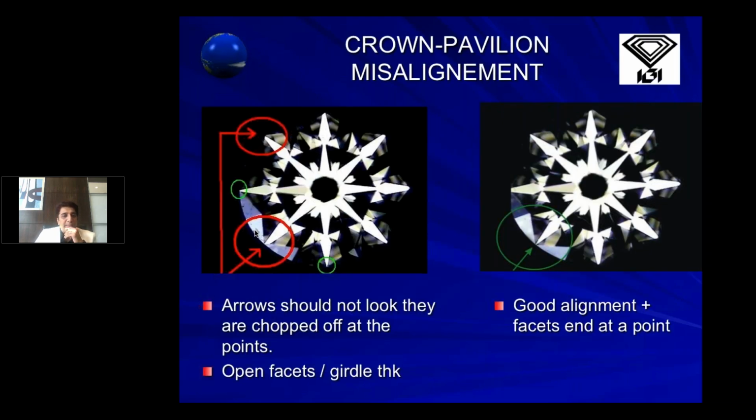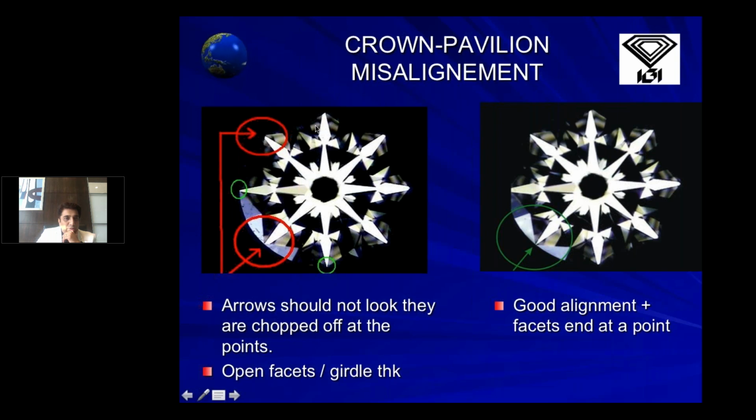Crown pavilion misalignment. If there's a misalignment of the table, the crown facets and the pavilion facets, it would result in arrows failing. What you see out here, if you notice closely, is that the arrows don't look like they're ending in a point. They look like they're open, right? Because it's an arrow, it should be perfectly ending in a point. Look at this one. This is nice. This is ending in a point.